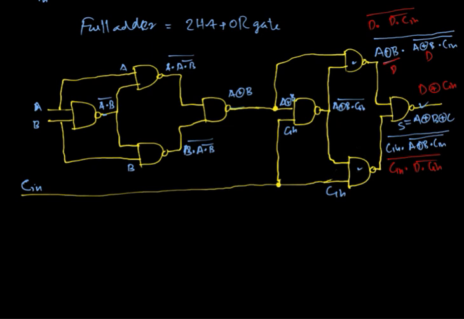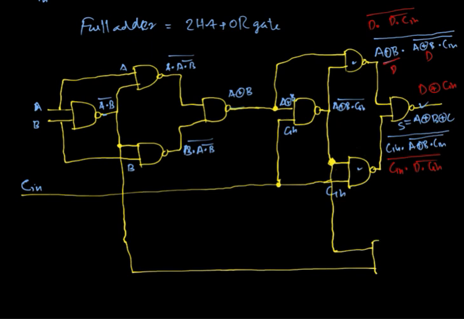So take this part, from here take one of the inputs, and consider this part, take one of the inputs from here and give it to a NAND gate.